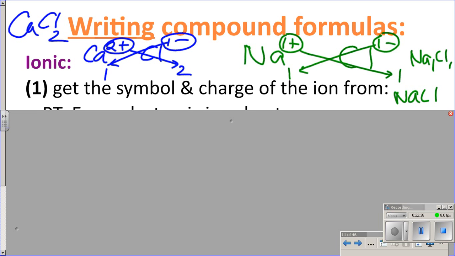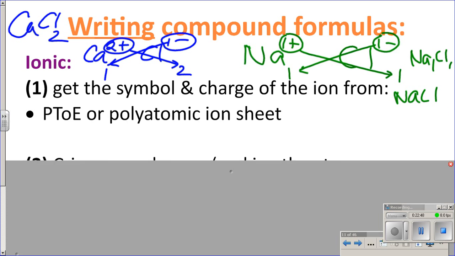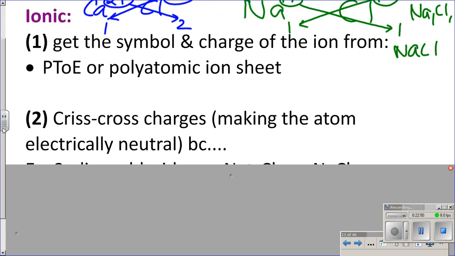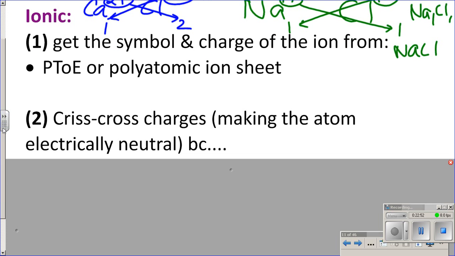So notice that these things are neutral together. If I only had calcium and 1 chlorine, the overall charge of this thing would be a plus 1, and that's a flat lie. You cannot have that. So they have to negate each other out, and that's why crisscrossing the charges makes these things electrically neutral. That's how we say that, electrically neutral. It just means they cancel each other's charges out.